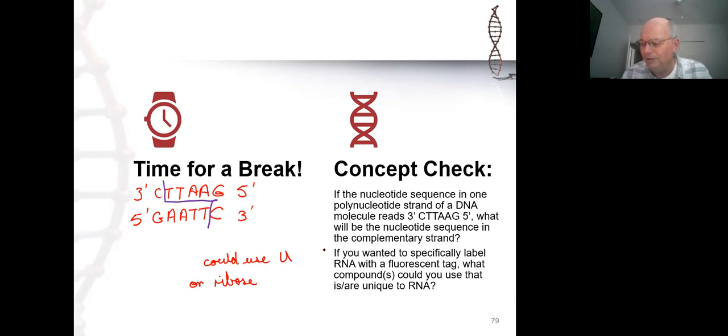The U nitrogenous base is unique to RNA, and the ribose sugar is unique to RNA. So either of those would work if we wanted to uniquely label RNA.